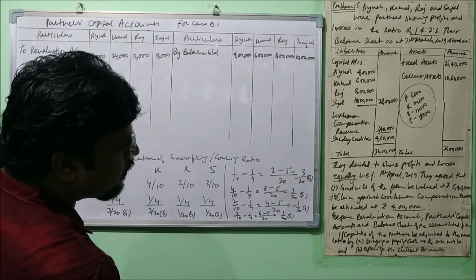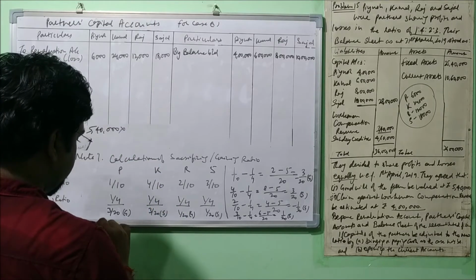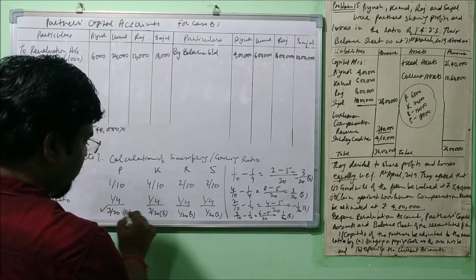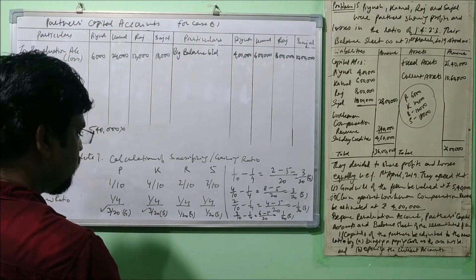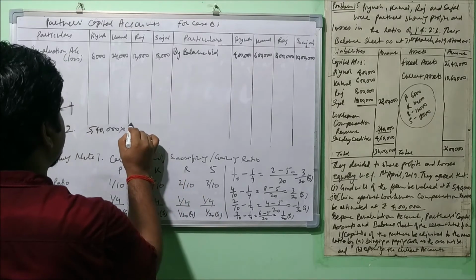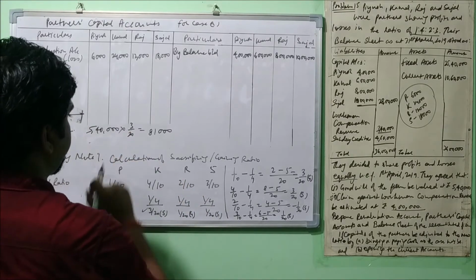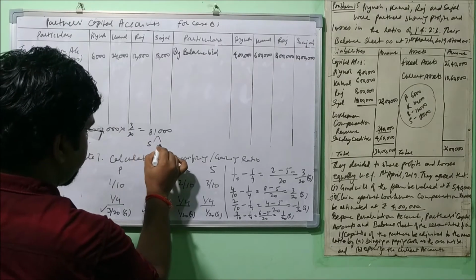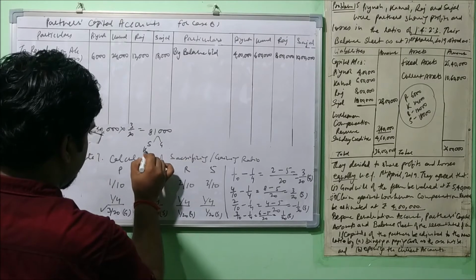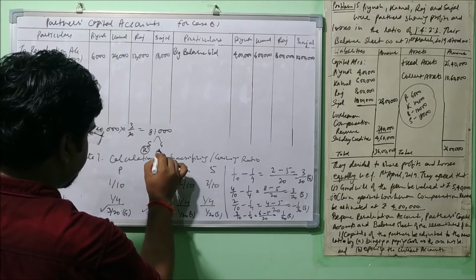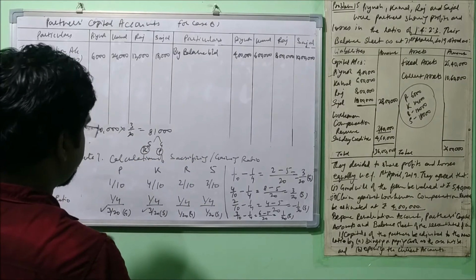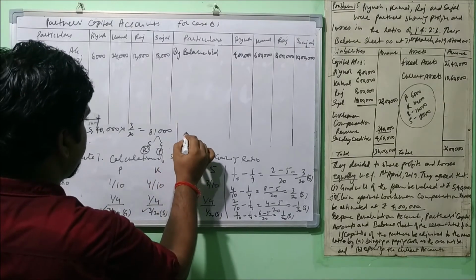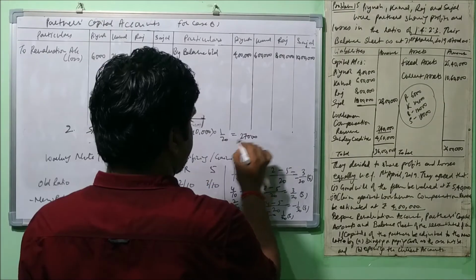That is 5,40,000. Let's calculate 3 by 20. One is sacrificing, one is gaining, the same amount will be there, only the entry will be done. So that is 3 by 20, so 81,000. This 81,000 is sacrificed by Kamal and gained by Piyush. Understood? Now let's calculate the other value. 1 by 20 is 27,000.